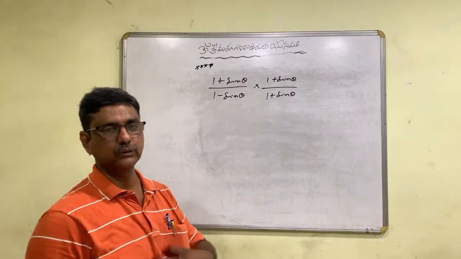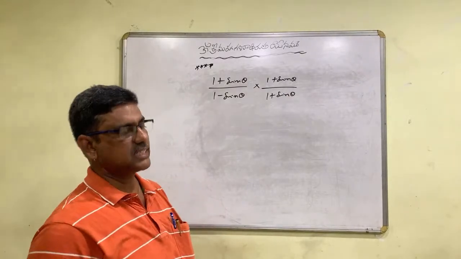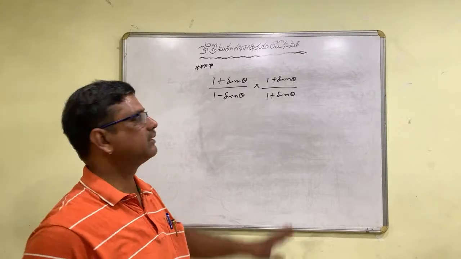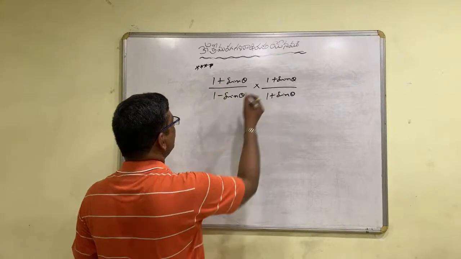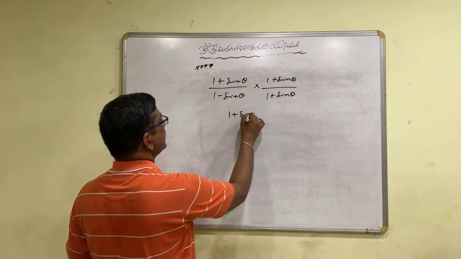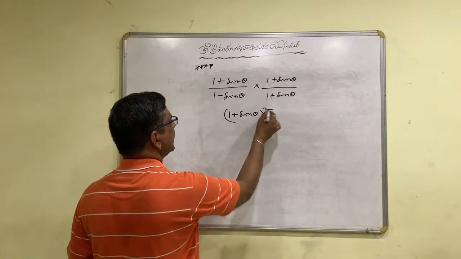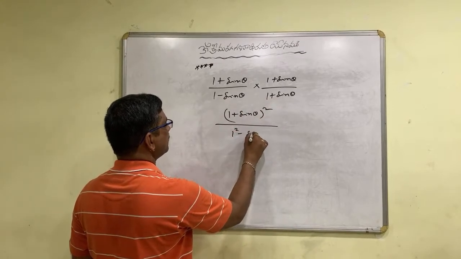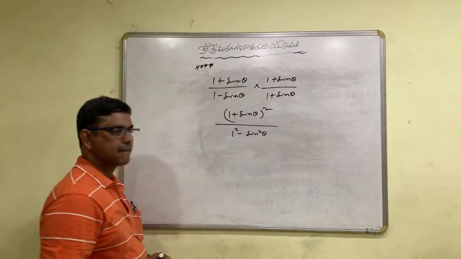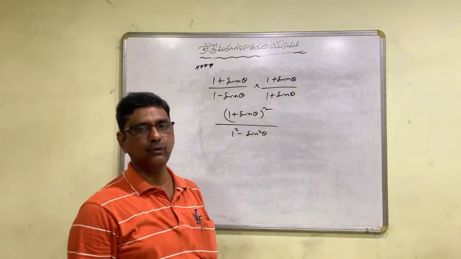Just I am multiplying the numerator and denominator with 1 plus sin theta. Now what happens? A plus b into a plus b, a plus b whole square by a minus b into a plus b, a square minus b square.